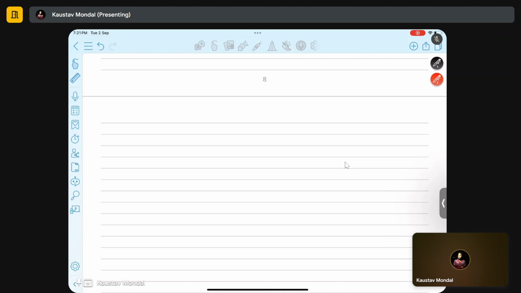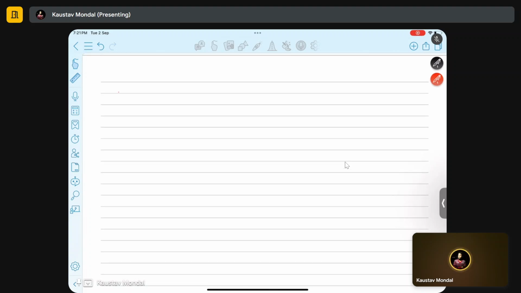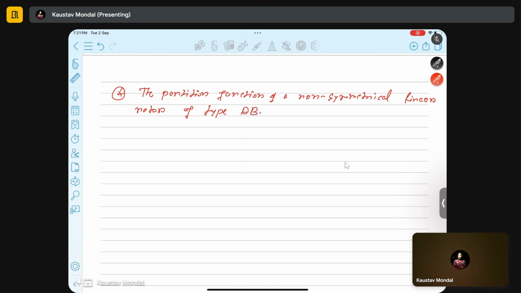First we'll calculate the partition function of a non-symmetrical linear rotor of type AB, that means a diatomic. So A and B are connected like this, and these are the atoms in the molecule.